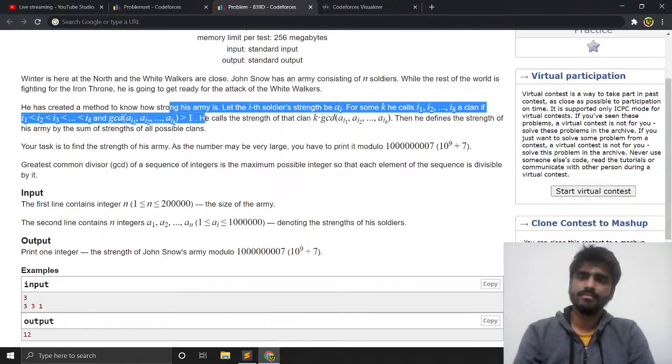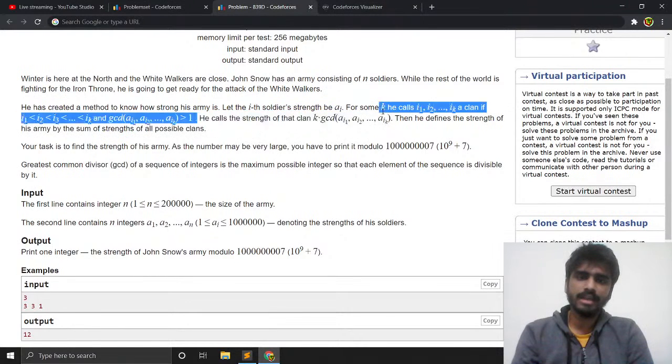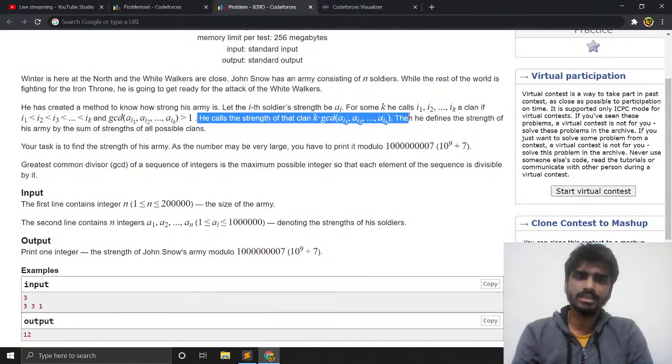I think we need a subsequence of length k, and the GCD of that subsequence should be greater than 1, right? He calls the strength of the clan k times the GCD.